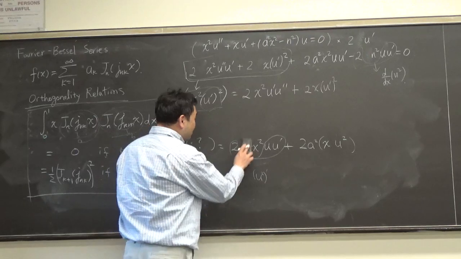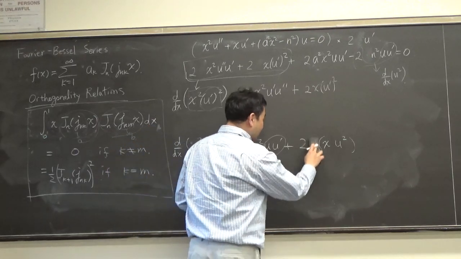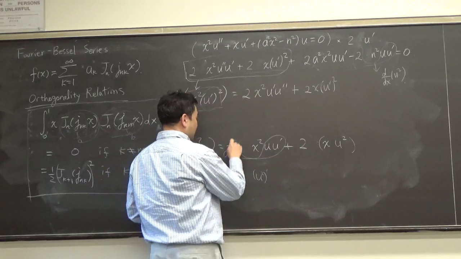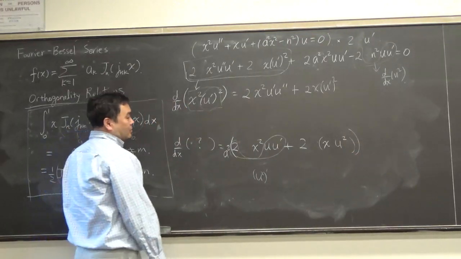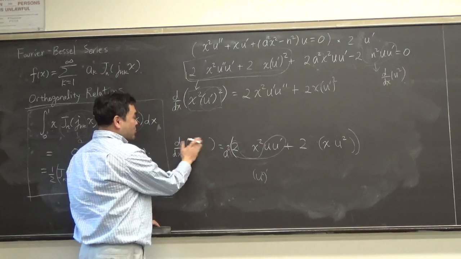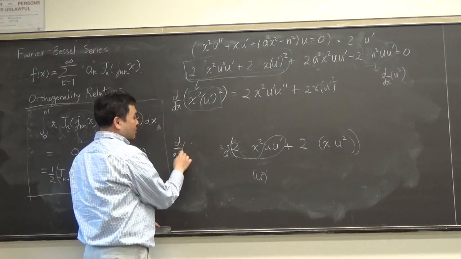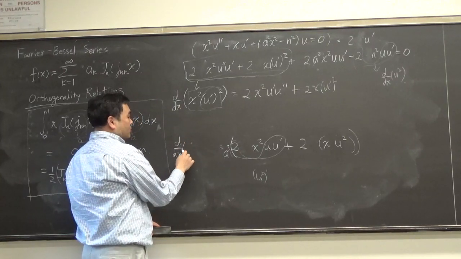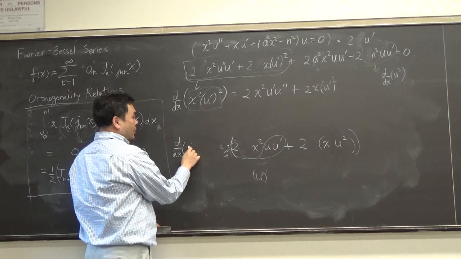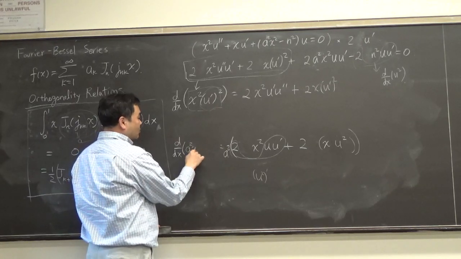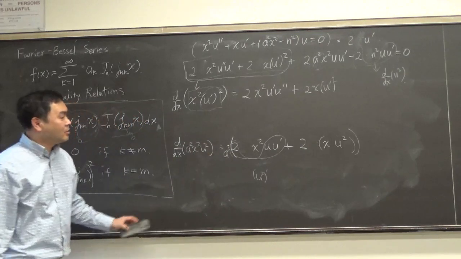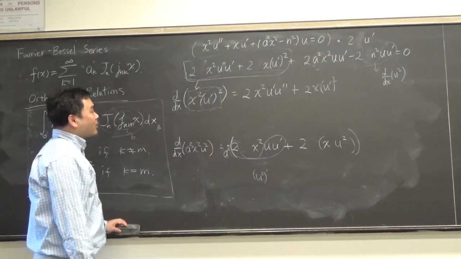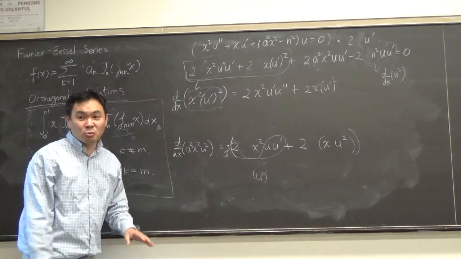You know, a squared can be just pulled out outside. And then this really is the product rule for a squared x squared u squared, right? Okay. All right, so after this hard work, here's what we found.